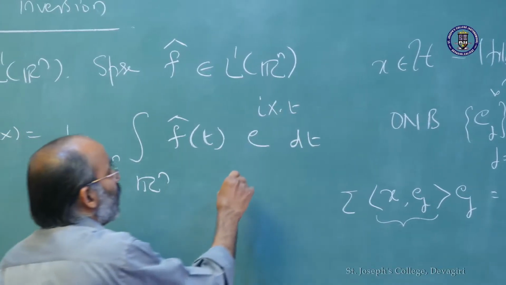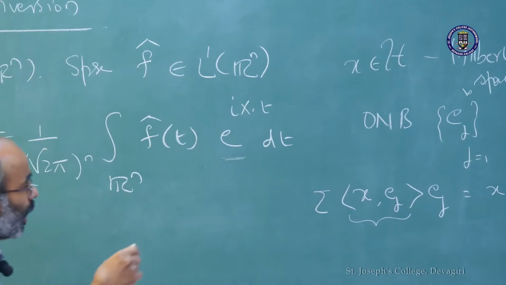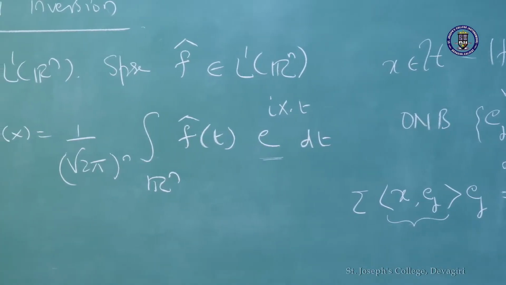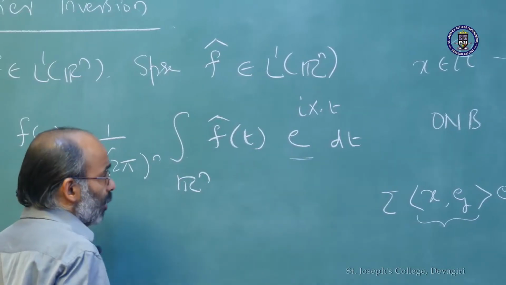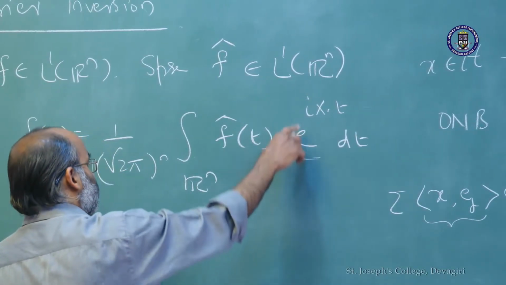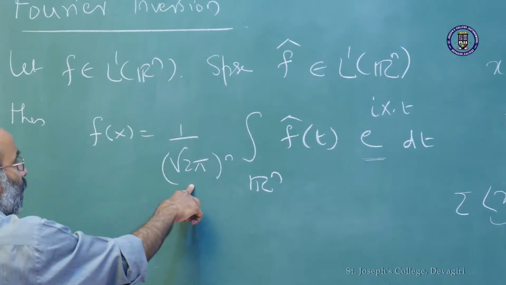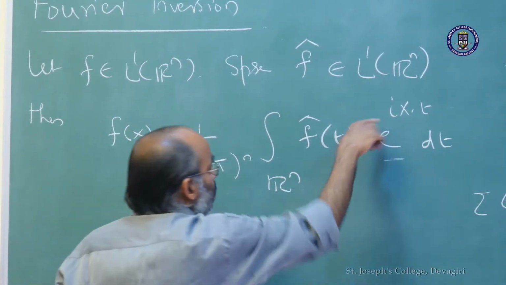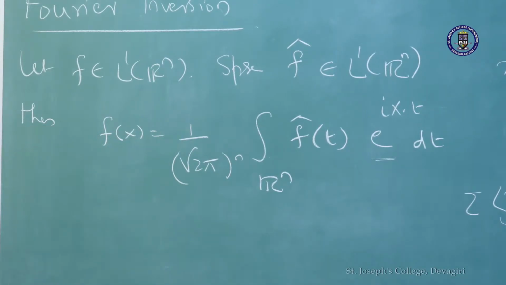Okay, so notice the difference here. If you start with e to the minus i x t in the definition of the Fourier transform, here it would be e to the i x t. If you start with e to the i x t in the Fourier transform, here you will have a minus, and there is a 1 by root 2 pi to the n. If you put the 2 pi here, then this will not be there. These are easy to deduce one from the other.